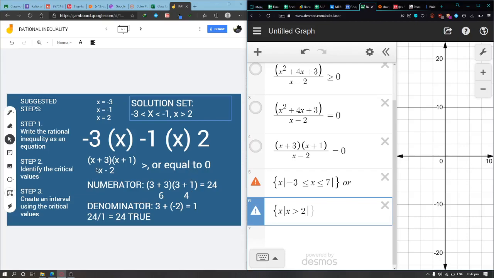Okay, let's try. If we put 2 as x, so we put 2. What will our denominator be? 0. And this will be multiplied by 3, 18. 18 over 0.